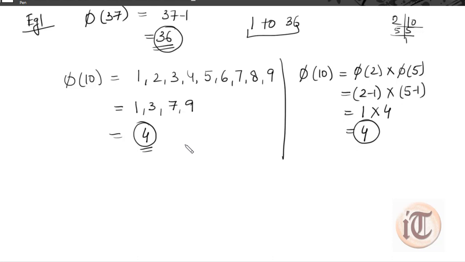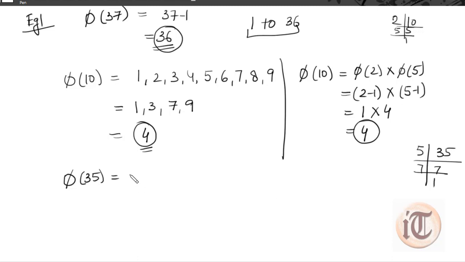Now we take another example. Suppose I have to calculate phi of 35. First, because 35 is not a prime number, rule 2 doesn't apply. So we factor 35 as 5 into 7, so 5 times 7 is 35. This means 5 and 7 are both prime, so we can follow rule 3.